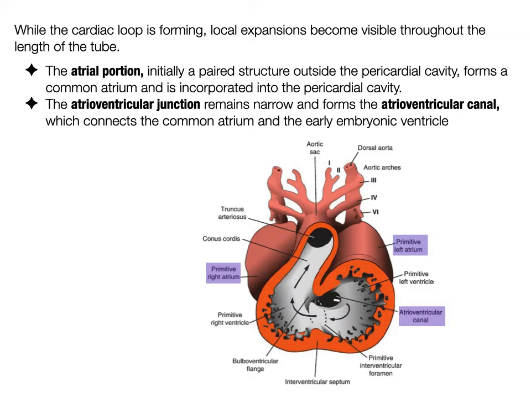So the paired atrial part, initially outside the pericardium, fuses into a common atria and is incorporated into the pericardium. The connection of this part with the ventricular part, known as the atrioventricular junction, remains narrow as an atrioventricular canal.